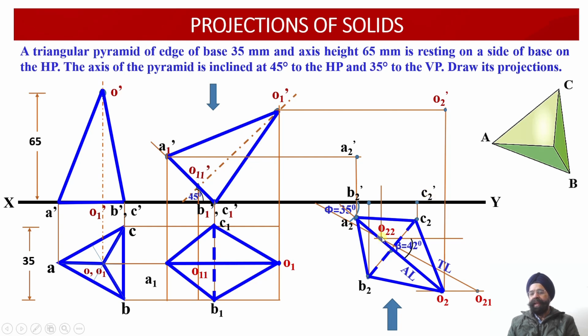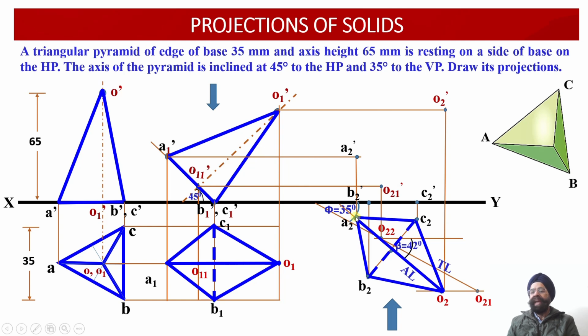And finally, here we have point O22. The vertical projector drawn through O22 intersects the horizontal projector drawn through the point O11 dash. So the fifth point in the elevation has also been located. Now, as we are looking from this side, point A2 is the point which is farthest from the observer.